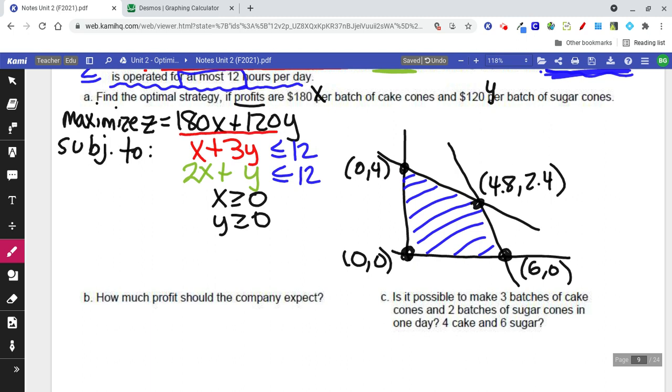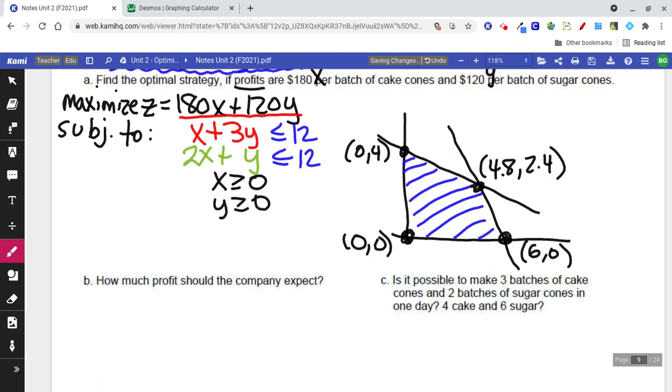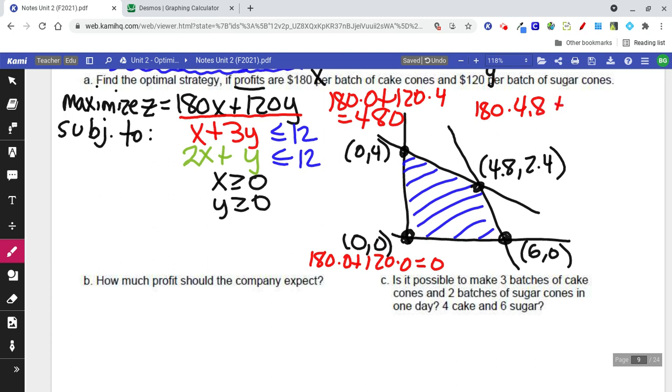So here's our objective function. We plug those numbers in. So obviously this bottom one's going to be 0. 180 times 0 plus 120 times 0 equals 0. That's probably not going to be the maximum profit, as you might guess. 180 times 0 plus 120 times 4 is 480. 180 times 4.8 plus 120 times 2.4 is 1152.